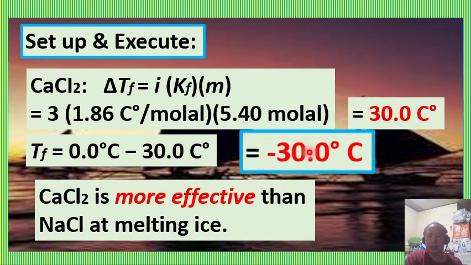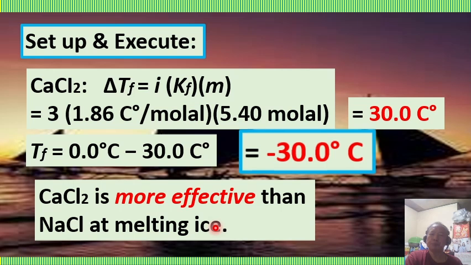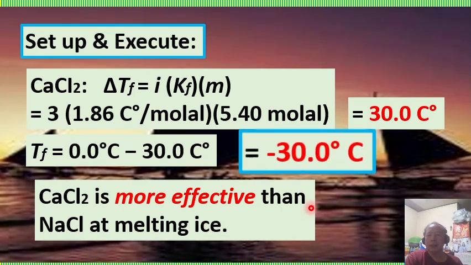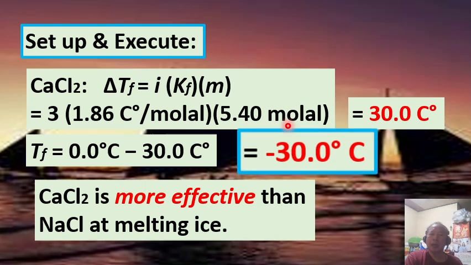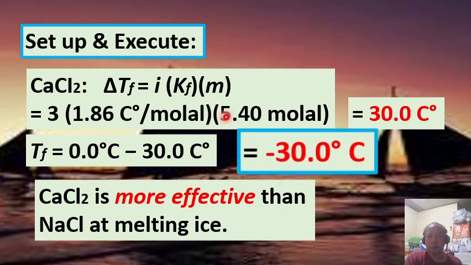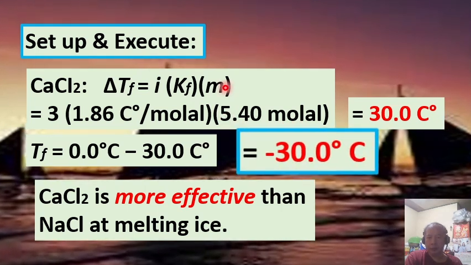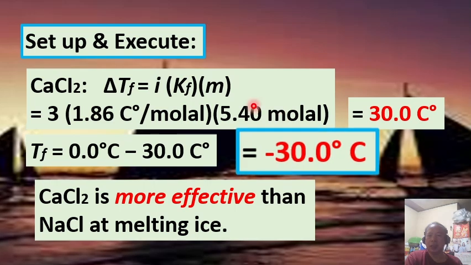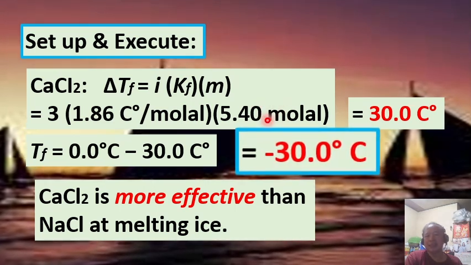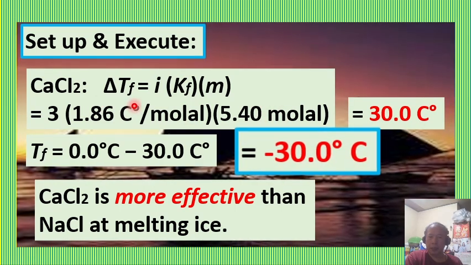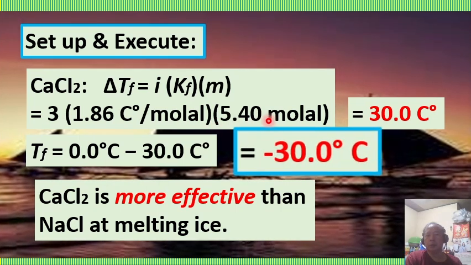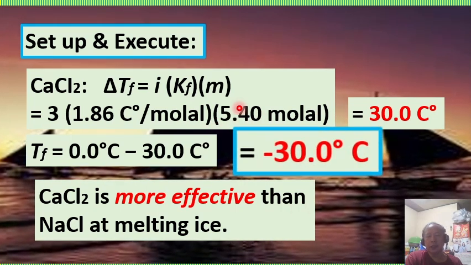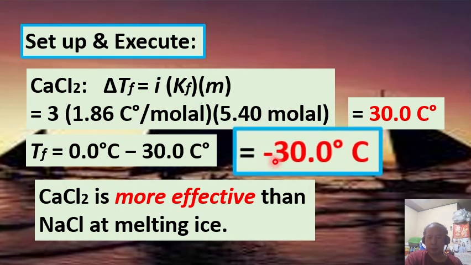And you will notice that the number of moles of calcium chloride, or the molality, I should say. The molality of the calcium chloride solution, in fact, is even lower compared to the molality of the sodium chloride solution.